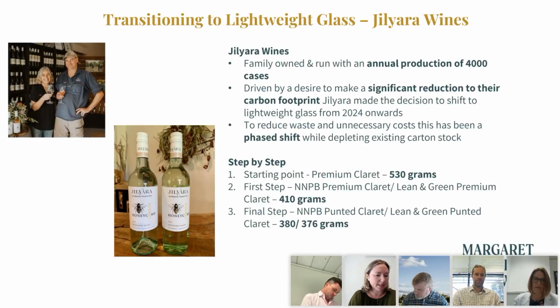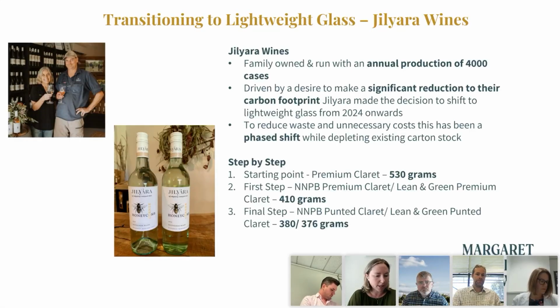To reduce waste, they did a phased shift, whereby their starting point, for instance for this Sauv Blanc, was the Prem Claret at 530 grams. To be able to use existing carton stocks, the first change was down to the NNPB Prem Claret, or Lean and Green Prem Claret, which was around 410 grams.